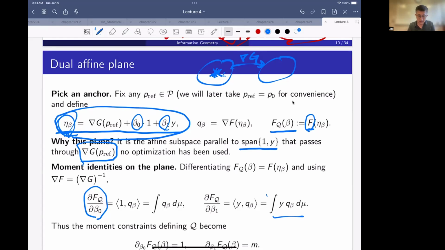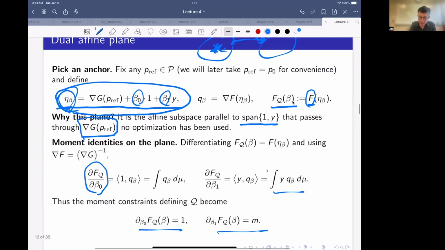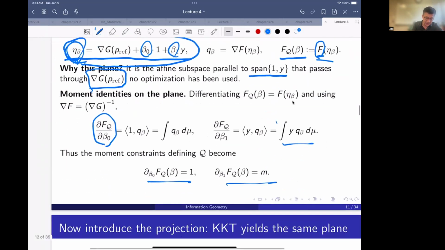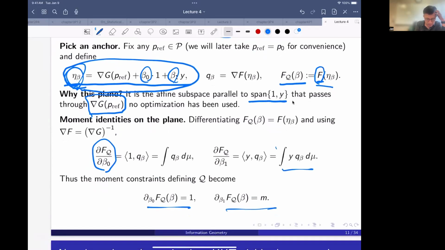Remember in the exponential family, we have something like S(x) minus A(zeta), right? So what is this A(zeta) doing? A(zeta) is a dual.